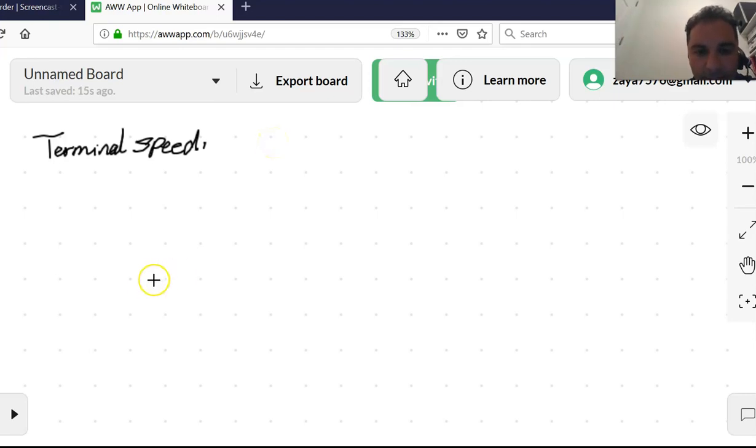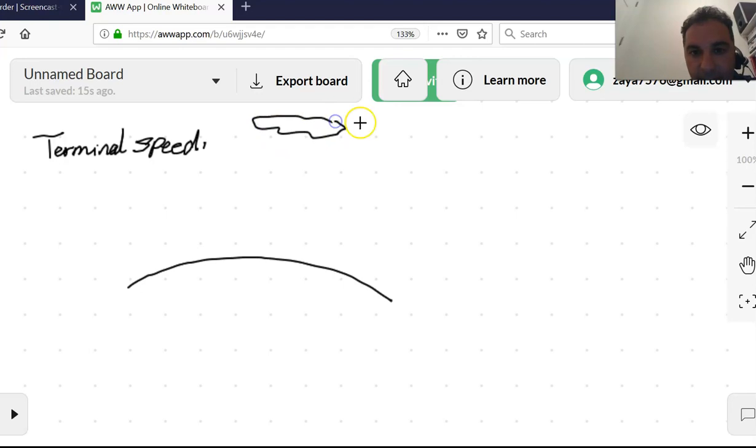Imagine here is the planet Earth, and let's say the clouds are here. Water droplets start falling. When they fall at the beginning, of course, they accelerate.